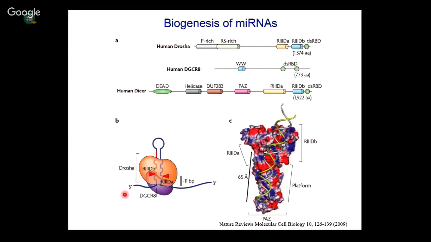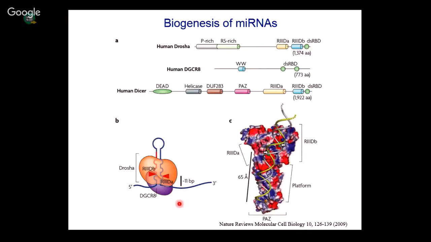So here showing the microprocessor, the DGCR8 complex with the Drosha, and the DGCR8 recognizes the basal branch site of the stem loop structure. And because Drosha interacts with DGCR8, it will cut the double-stranded RNA exactly at 11 base pairs from the basal branch site.